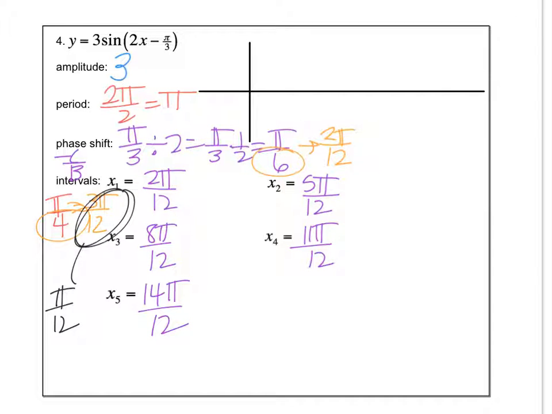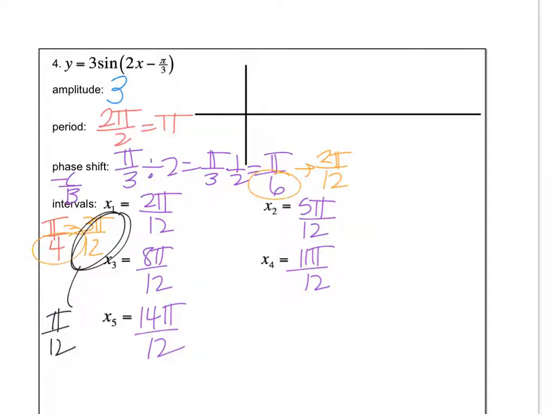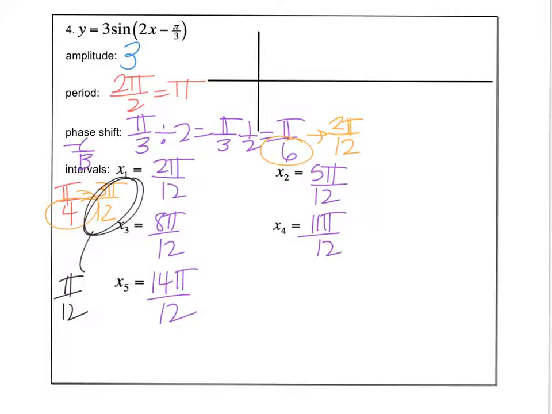So to finish this problem, we would put on the x-axis, we're going to go by pi over 12. So that's what we use to label the x-axis. We're going to start at pi over 12. Then it's going to be 2 pi over 12.